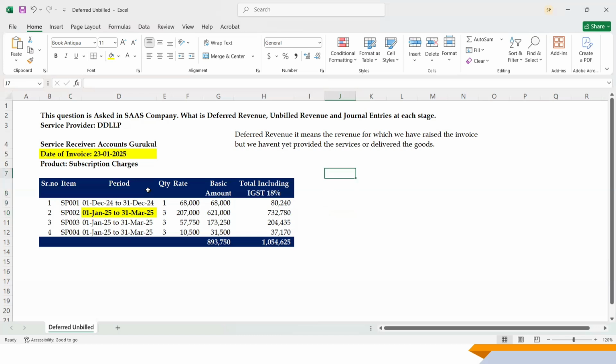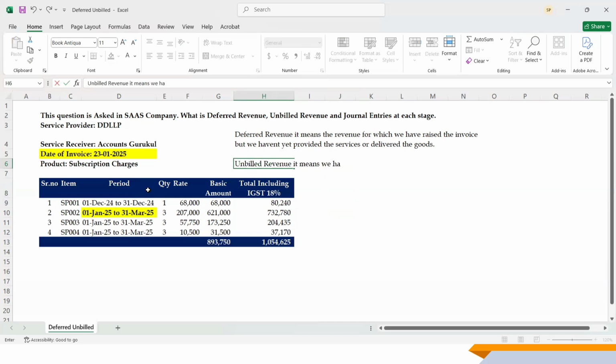Now the next is the concept of unbilled revenue. The word unbilled itself explains it: we haven't yet billed, that's unbilled revenue. So unbilled revenue means we have delivered the services, but we haven't raised the invoice.